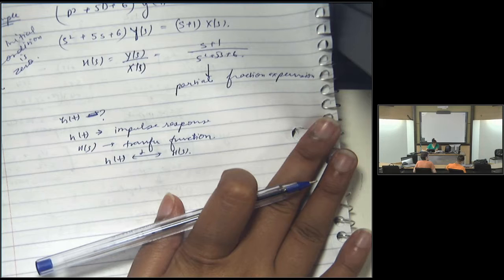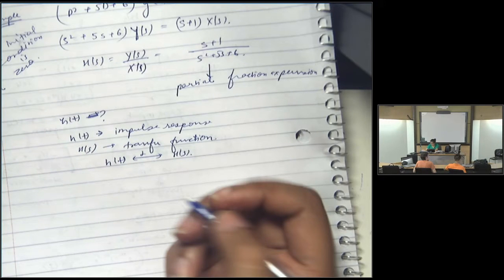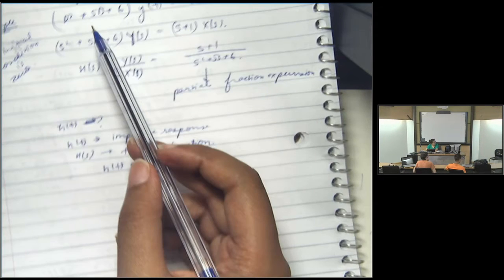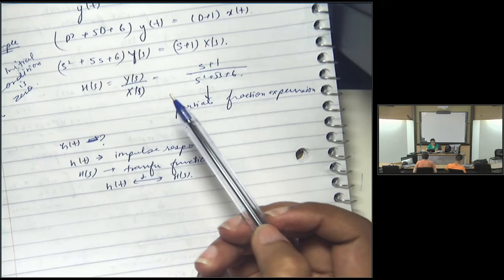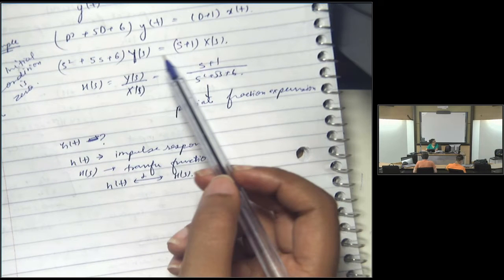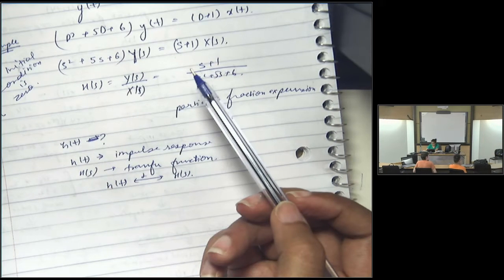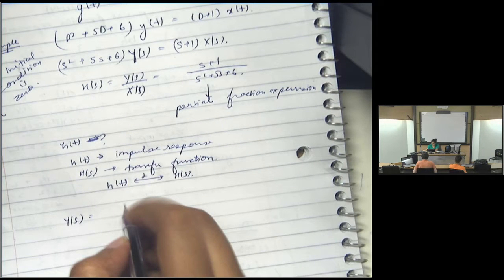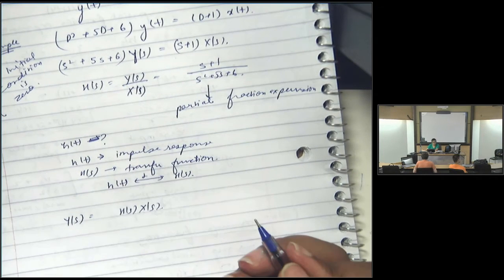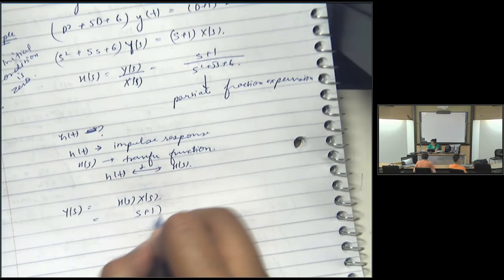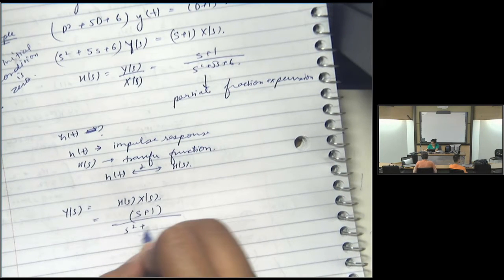Now, if this differential equation is given to me and I have x of s and I know that the initial conditions are 0, I can find what y of s is. Y of s will just be H of s times x of s. H of s we just found to be (s plus 1) over (s square plus 5s plus 6) times x of s.